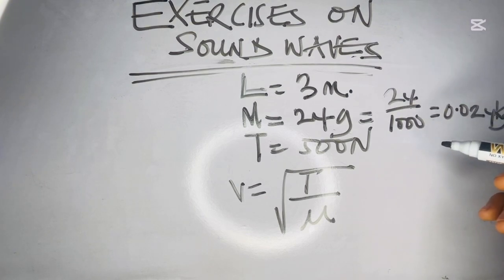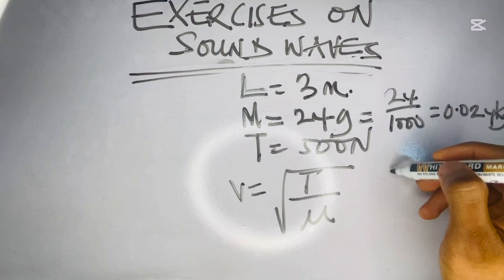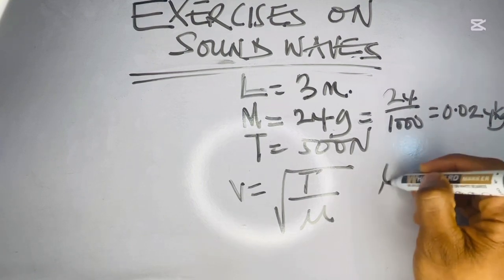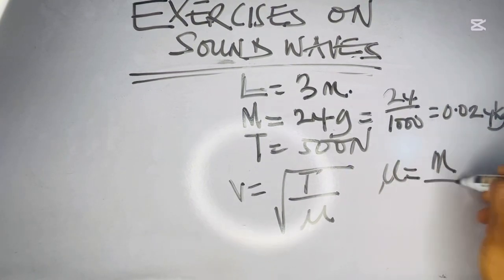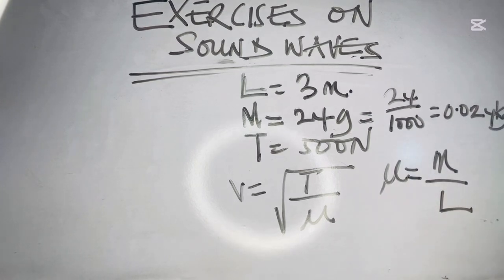So how do we get it? Mu is equal to the mass all over the length of the material, and it's expressed in kilograms per meter. So it's almost like the density of the material.